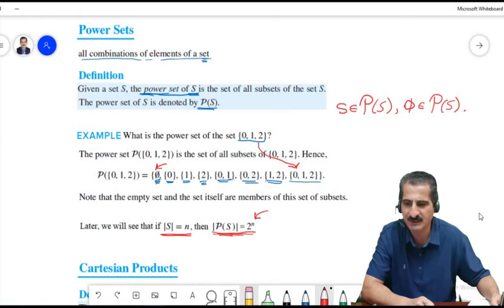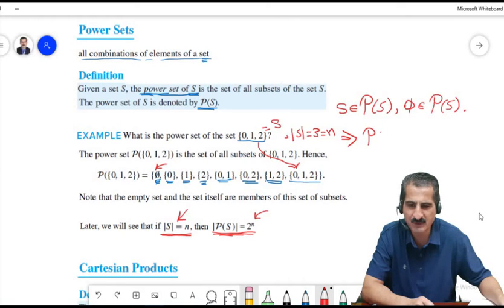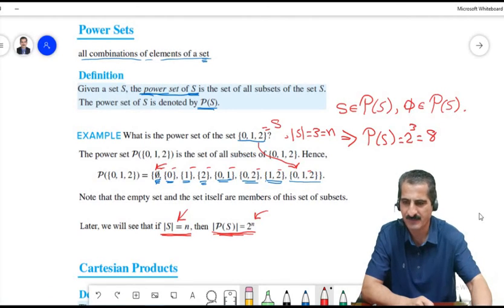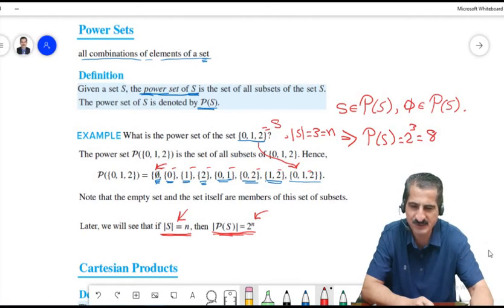Like here, if this set is S, then it has 3 elements, so n is 3. So the power set of S will have 2 to the power 3, which equals 8 elements, and we count them: 1, 2, 3, 4, 5, 6, 7, 8. Okay, so this is a quick look at the power set.